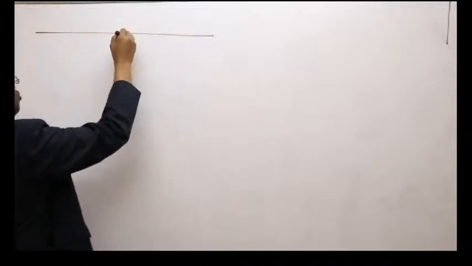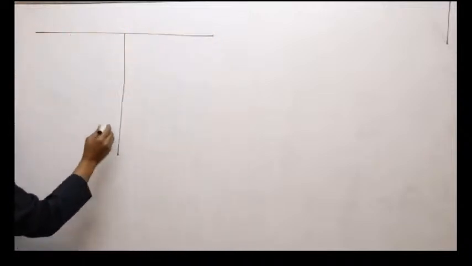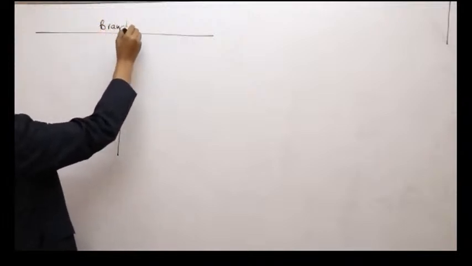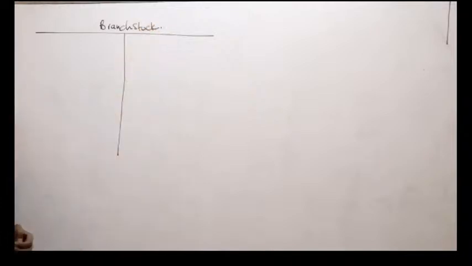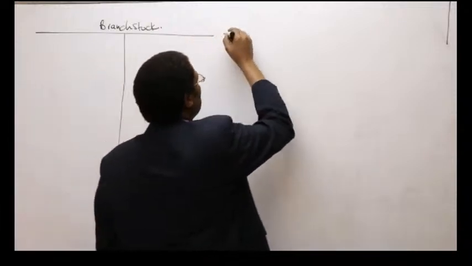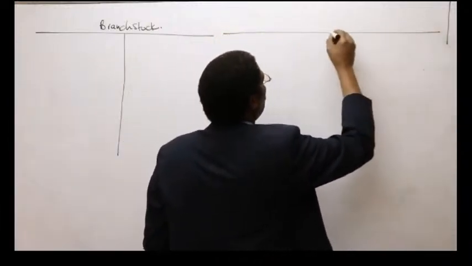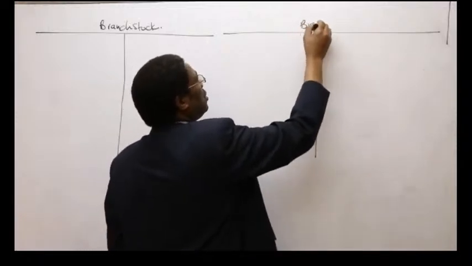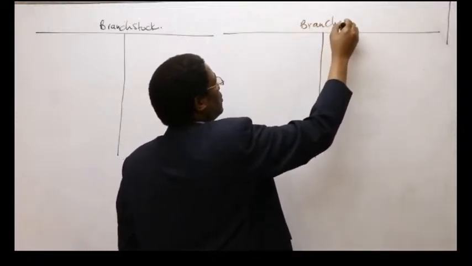One of the accounts that you normally maintain as a head office on behalf of the branch is what we normally call the branch stock account. Another account you normally keep on behalf of the branch is the branch markup account.